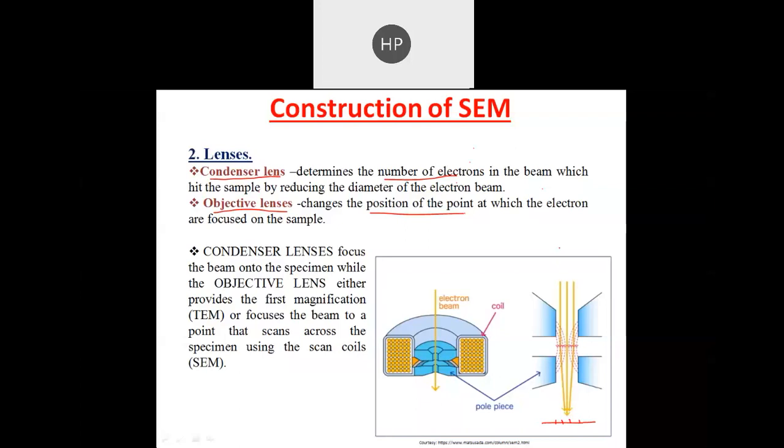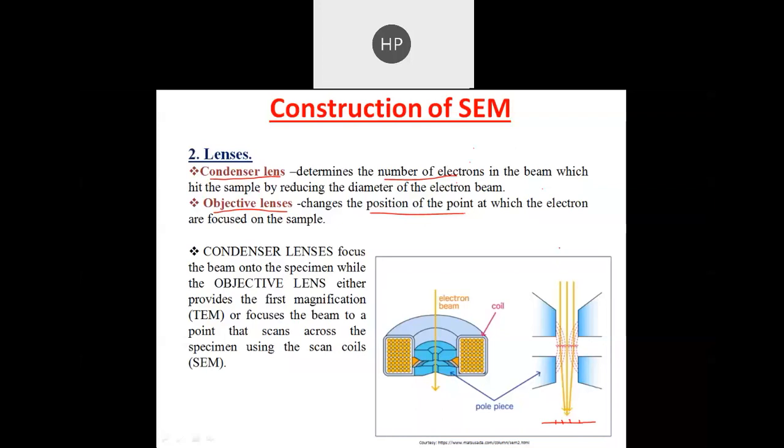So condenser lens focuses the beam onto the specimen, while objective lens either provides the first magnification in TEM, transmission electron microscope, or focuses the beam to a point that scans across the specimen using the scanning coil in SEM. So the objective lens serves two purposes in two different machines.